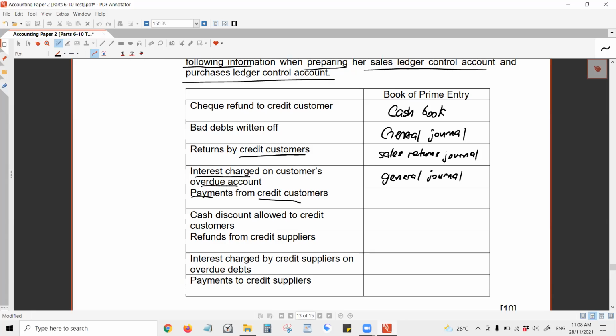Payment from credit customer. Discount allowed. The figure comes from cash book. Refund from credit suppliers, also from cash book. When you see interest charge, it is from general journal. Payment to the credit supplier, cash book.